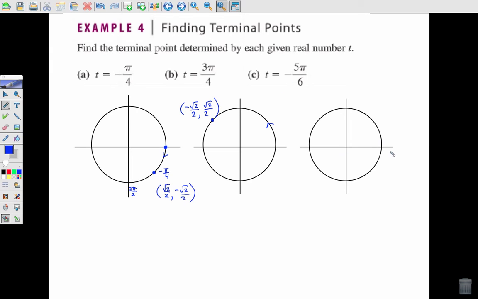And then lastly I want to look at negative 5 pi over 6. Again, we always start from 1, 0. Negative means we're moving in the clockwise direction. 5 pi over 6 is going to get us right here. So 5 pi over 6 in the negative direction is actually the same as 7 pi over 6.